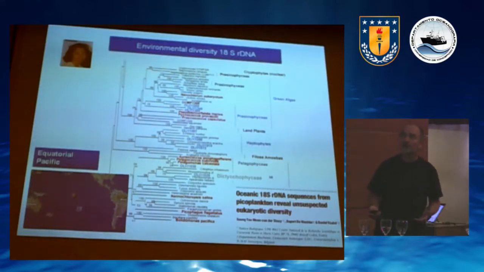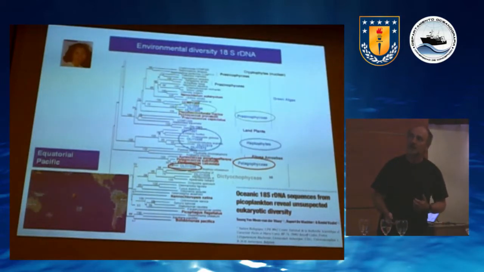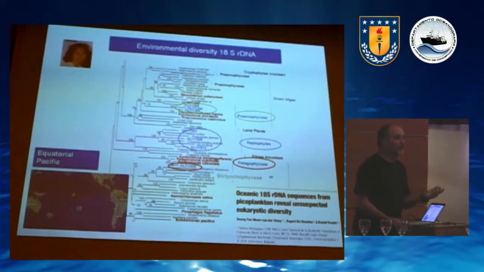A large fraction of the sequences we obtained, some sequences match known species, but for most of the sequences, either they were forming different clades compared to known species and very different, or they even could form completely new clades, or even new groups.